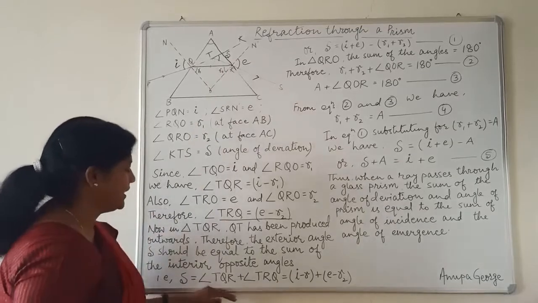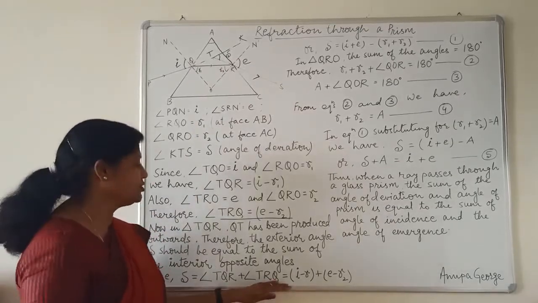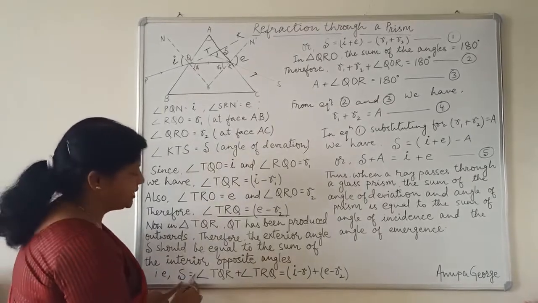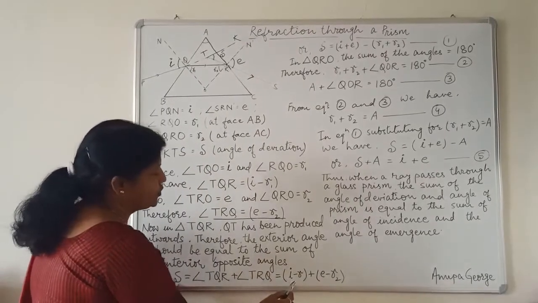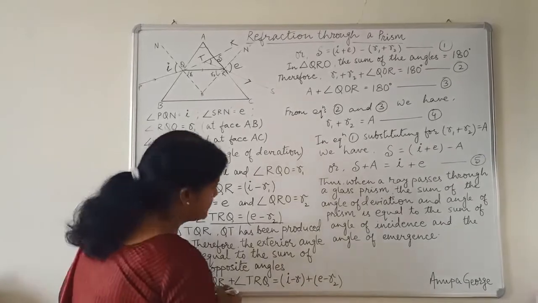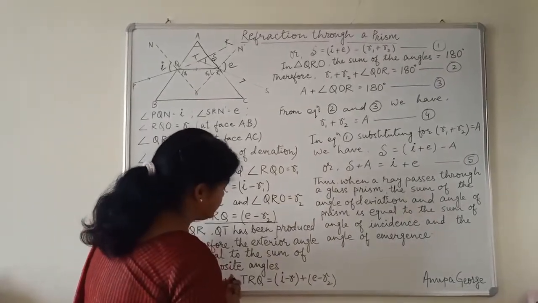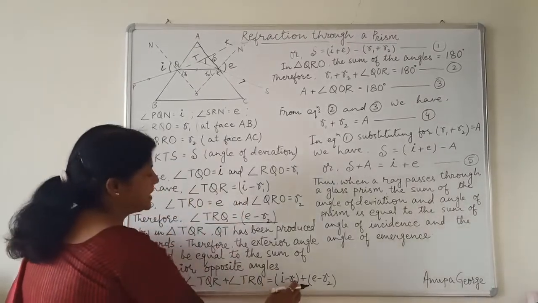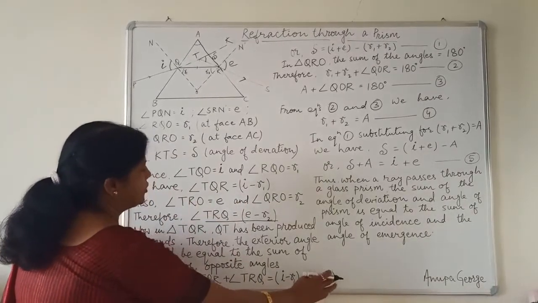This angle of deviation delta is equal to I minus R1 plus E minus R2.